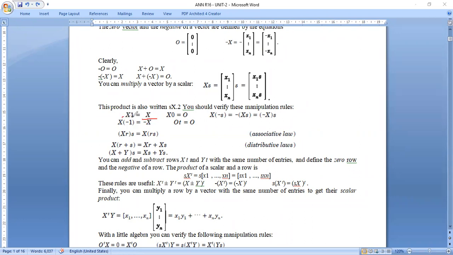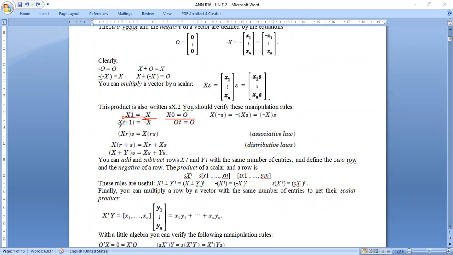Here, don't take this 1 as a subscript, as in x1. It is just considered a value. So x into 1 equals x; you will get the x vector. In the same manner, x into 0: if we calculate the x vector into 0, then automatically you will get the zero vector result only.